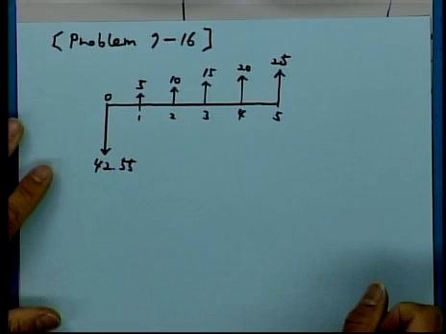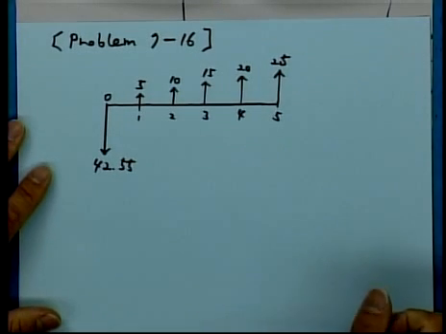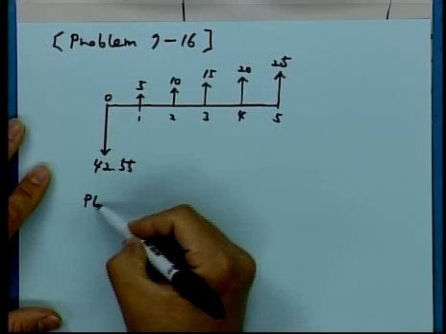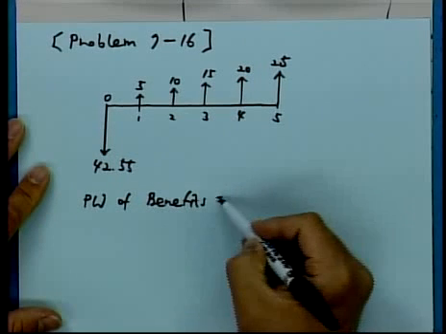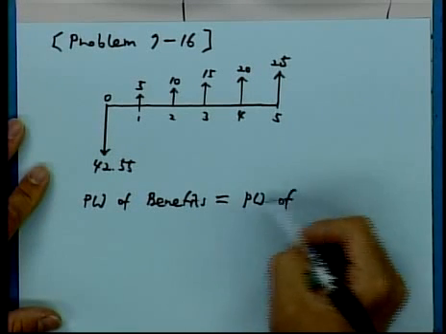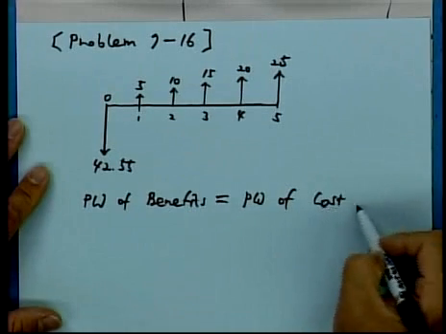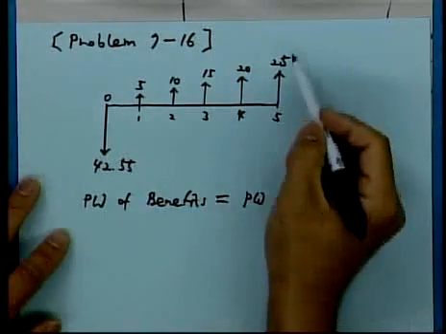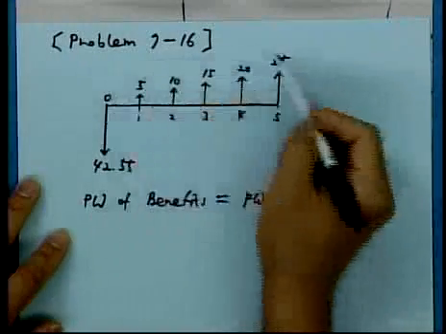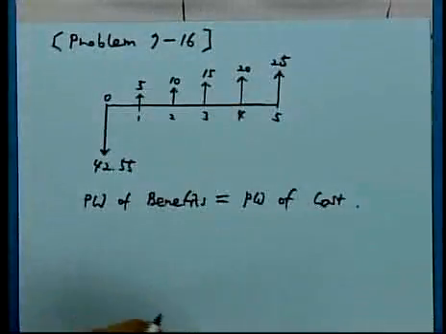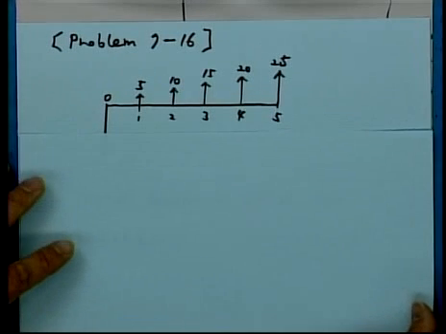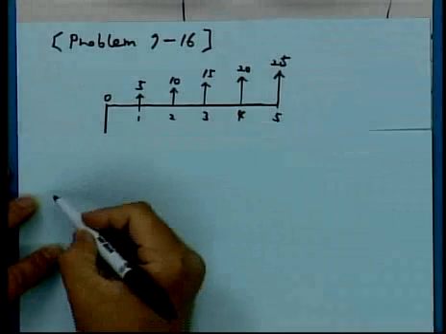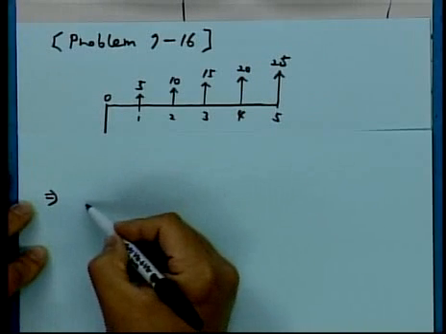So in order to compute a rate of return, we may use the present worth of benefit equal to present worth of cost. Okay. And here the positive cash flow can be broken into two components, right? One for the uniform annual series of $5.